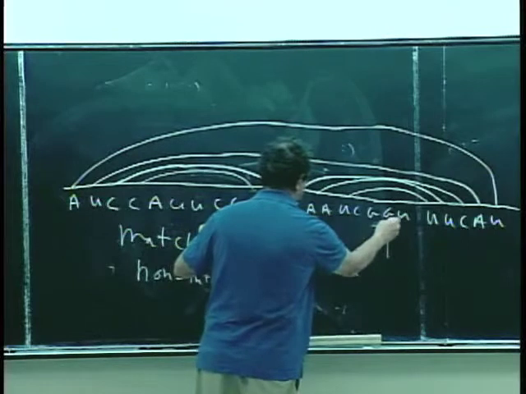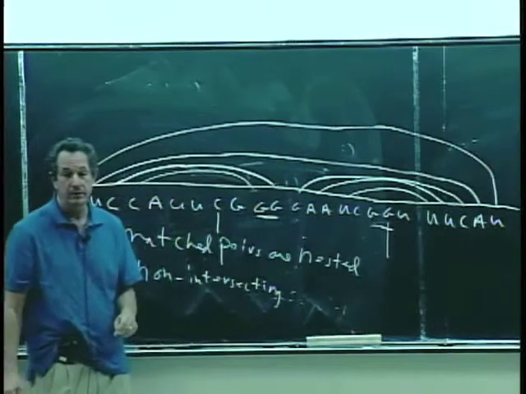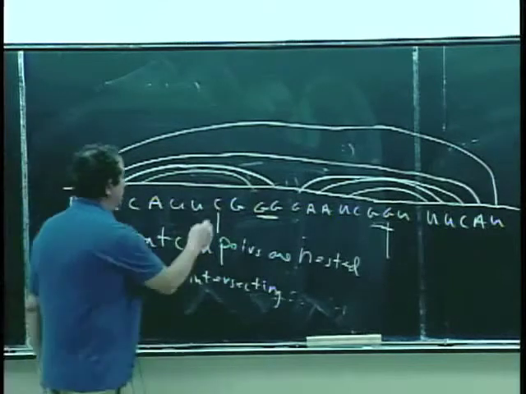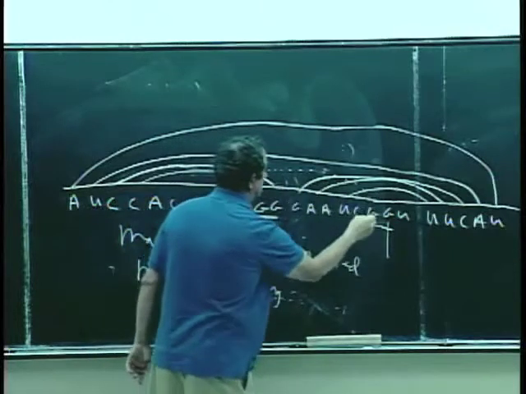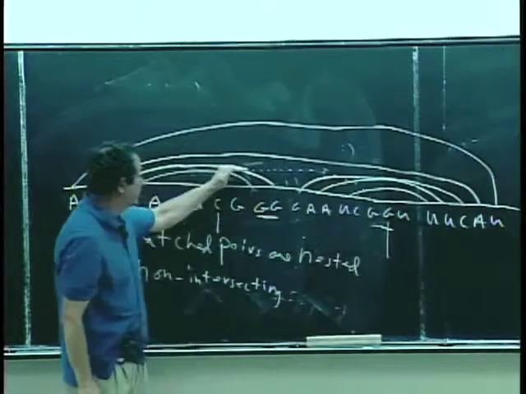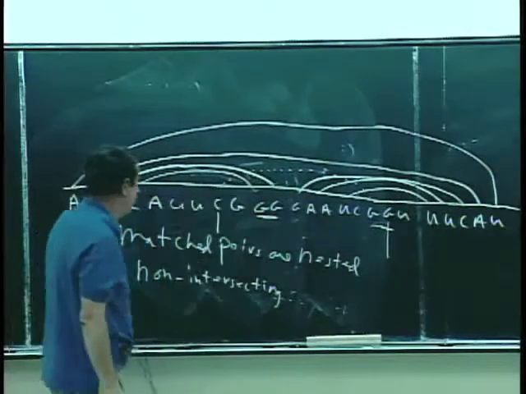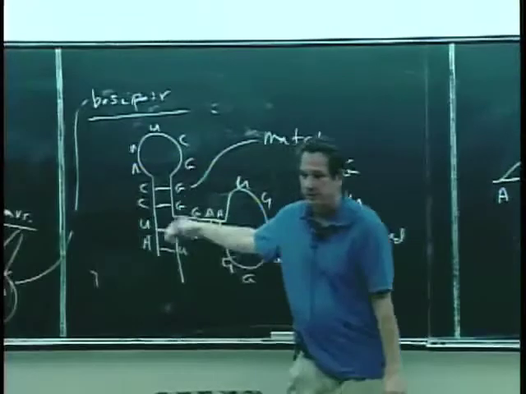So this G is not participating in a match, and this C is not participating in a match, right? So according to this rule, we can match up C and G, but if we did, that match would intersect other matches, okay? We don't have that. And what would that look like? I don't know. It would look messy over here if you had that in there.